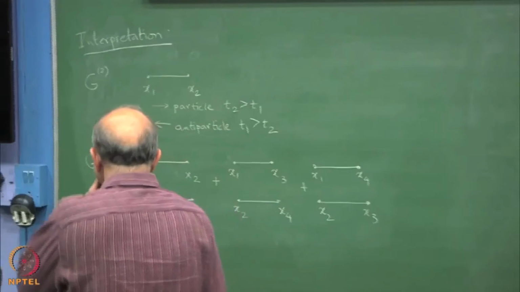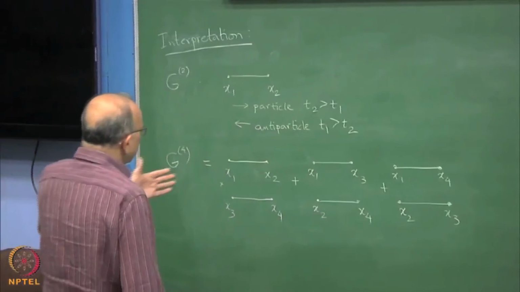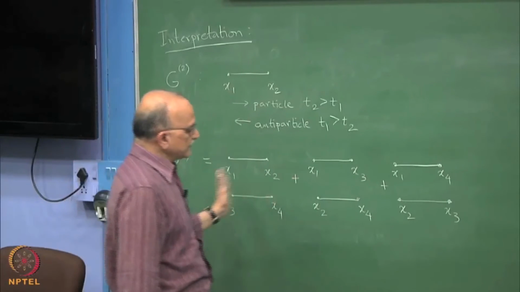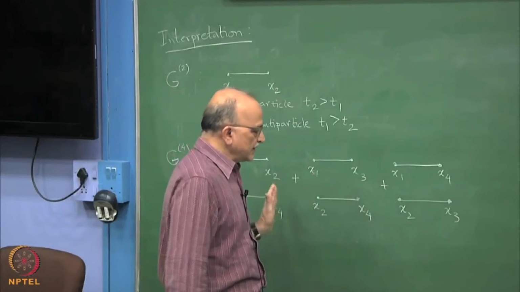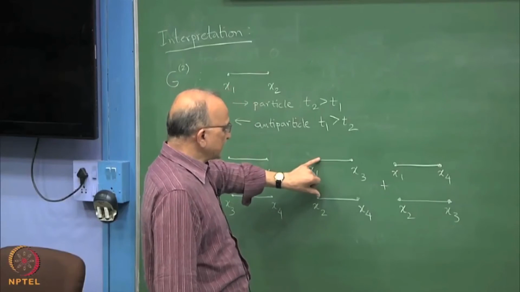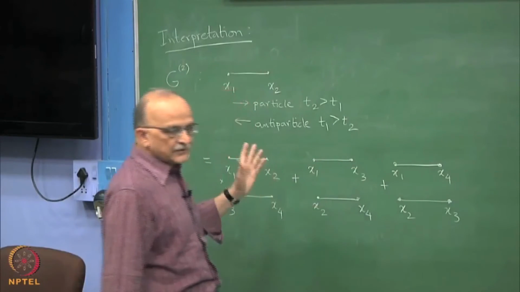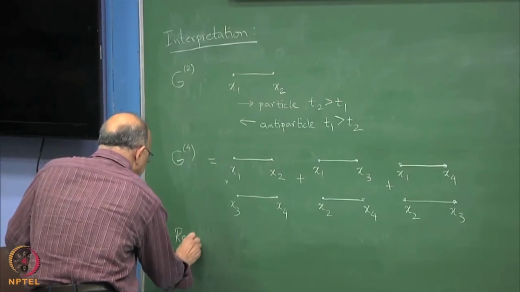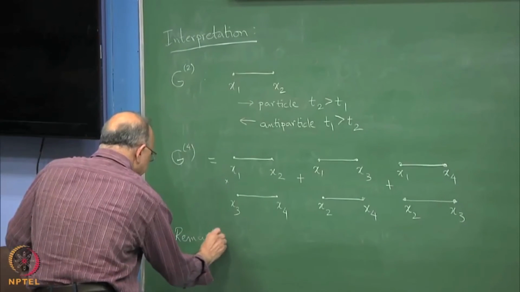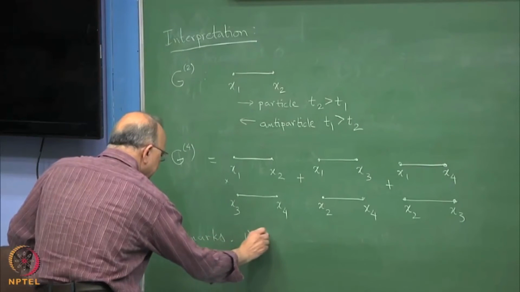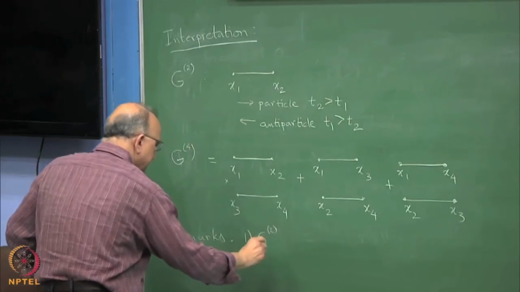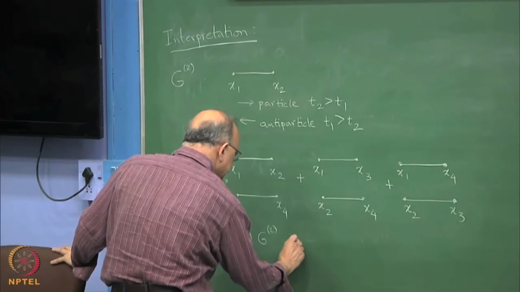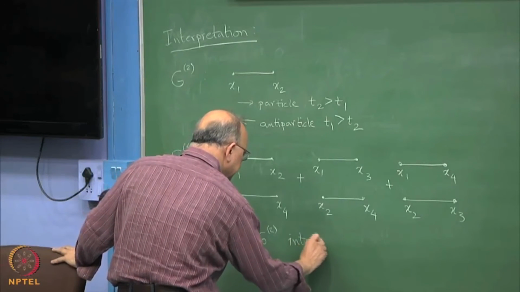But the point is that the fact that we come out with this kind of a combinatoric answer, sum of various products of some more basic Green's functions. So what has happened is, this of course we already saw.